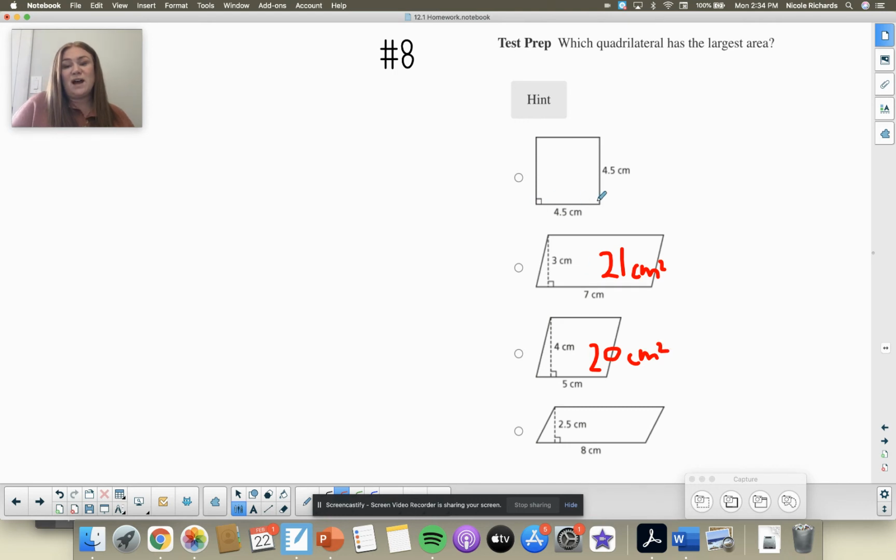So 4.5 times 4.5, see what that one is. And then this one is 2.5 times 8. Do that one and see what you get. And whichever answer is the largest is the quadrilateral with the largest area. So base times height or length times width. Since all of these are 4 sides with parallel sides, just do base times height going straight up.